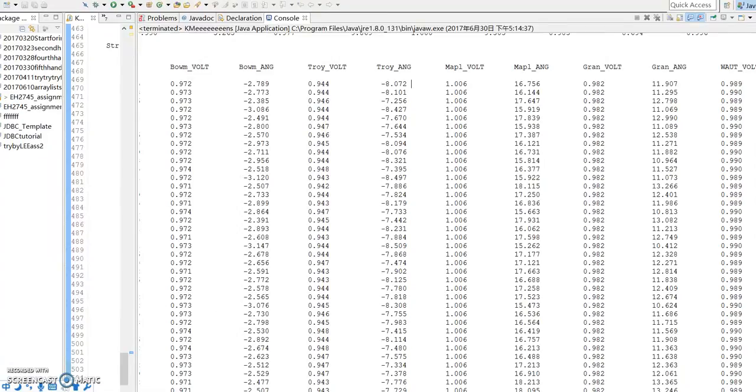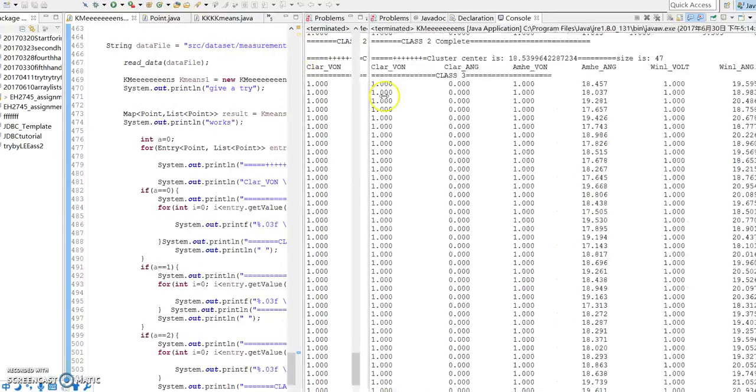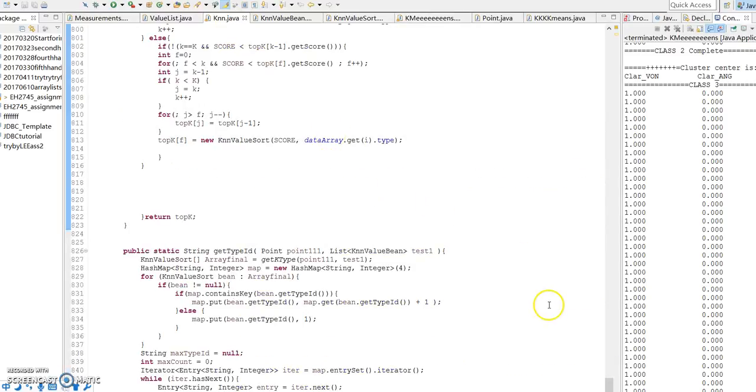It prints out the details of each group and explains which situation corresponds to each group. Now there is another thing that I need to explain, for the KNN method.